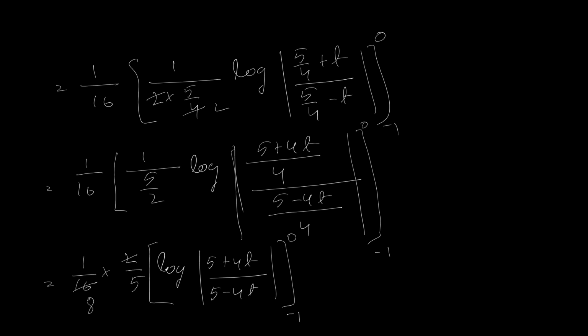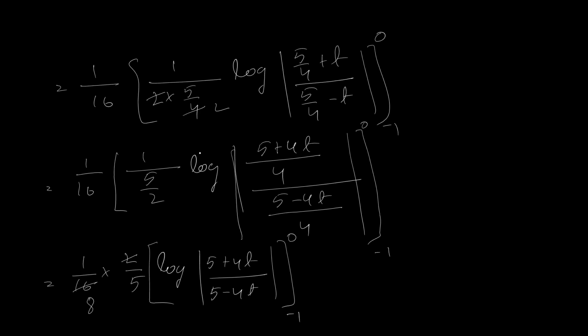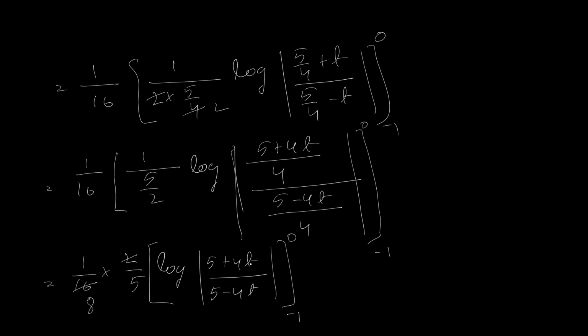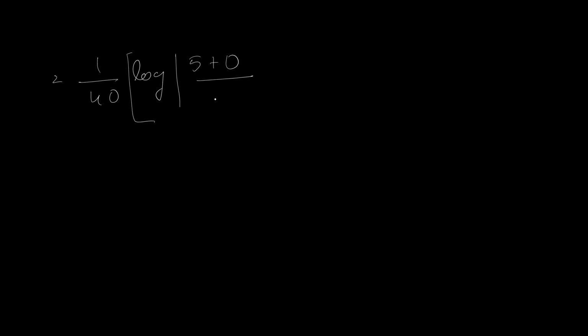So I will get 1 by 40 log, the upper limit is 0, so this is 5 plus 4 into 0 by 5 minus 0.